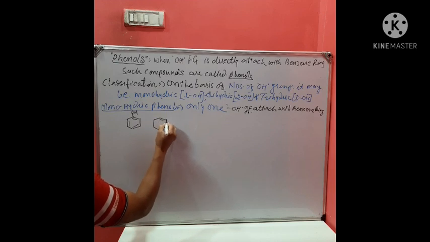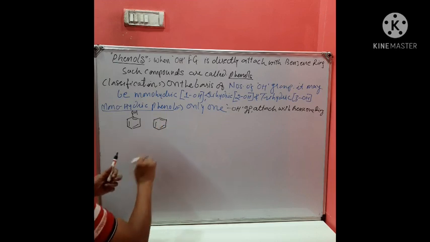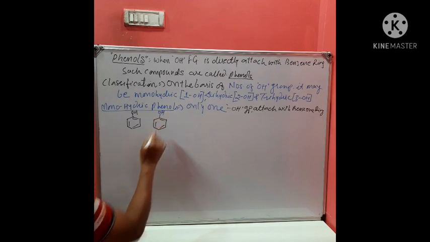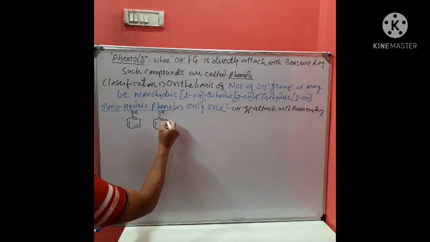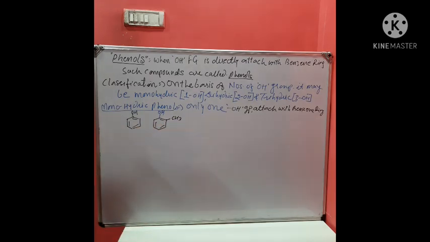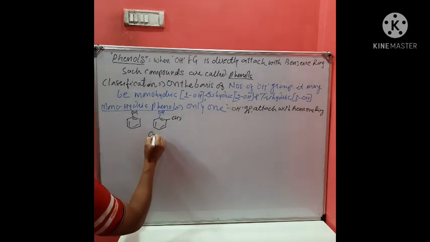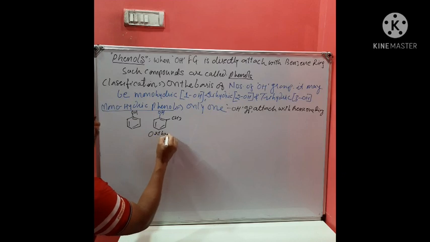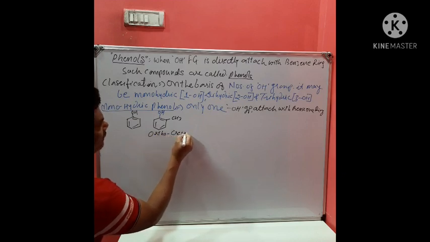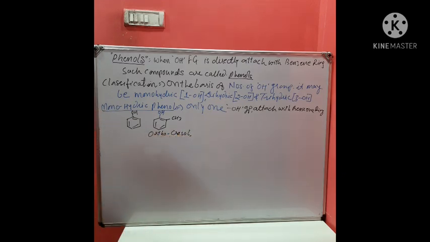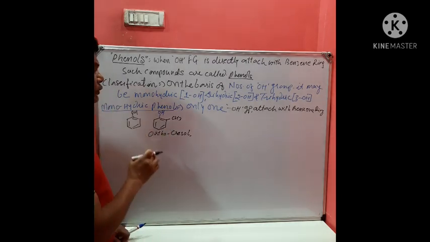some substituent again containing only one OH group, but along with there is CH3, okay, in second number carbon atom, then this compound is called orthocresol. Okay. Ortho why?